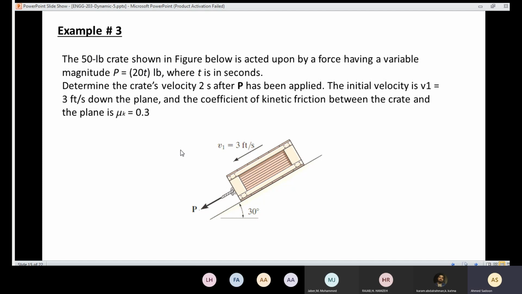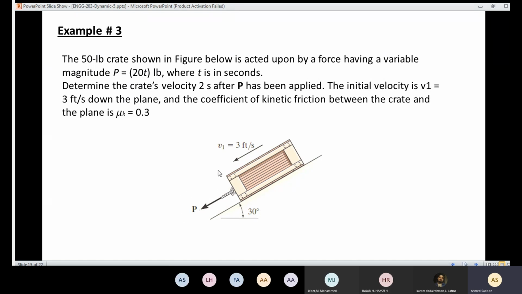So this time, the value of P is variable. It depends on the time. And we need to determine the crate's velocity 2 seconds after P has been applied.